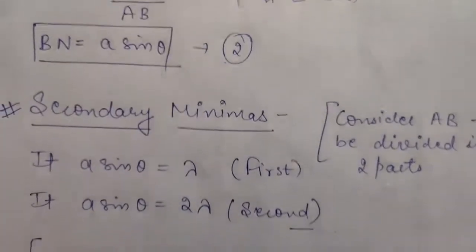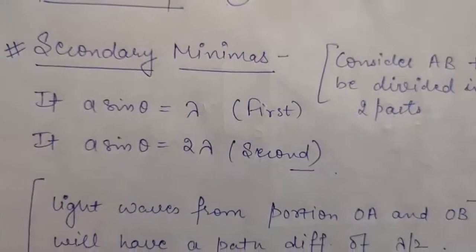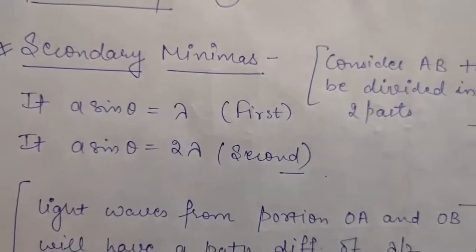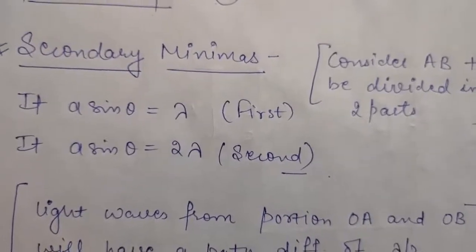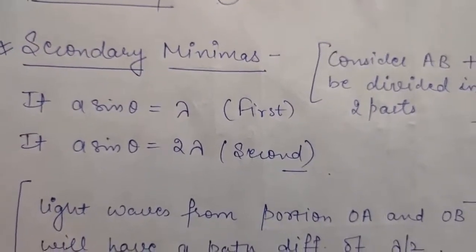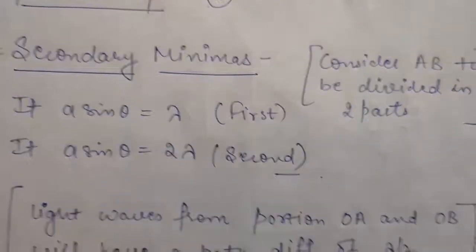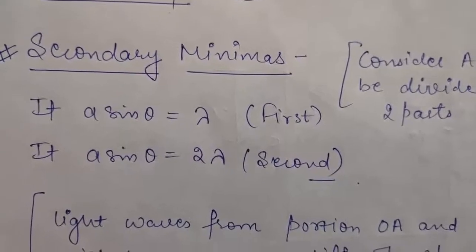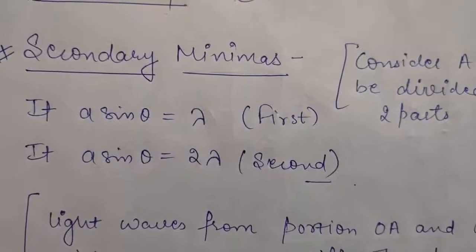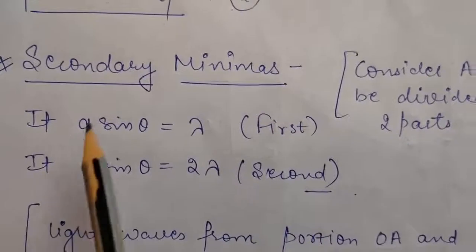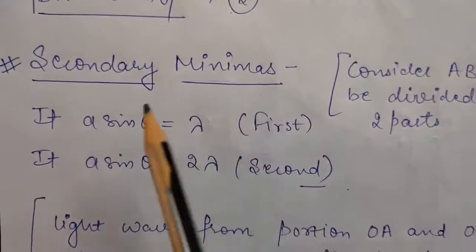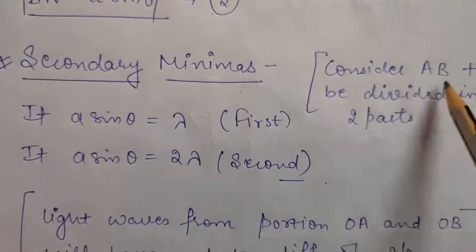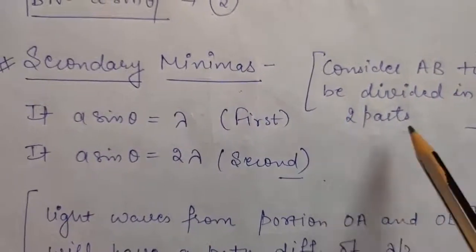Now we will derive the conditions for secondary minima and secondary maxima. Why secondary? Because C is the central maxima, so secondary means what happens on either side of the central maxima. To calculate secondary minima, let us consider the slit AB to be divided into two parts.